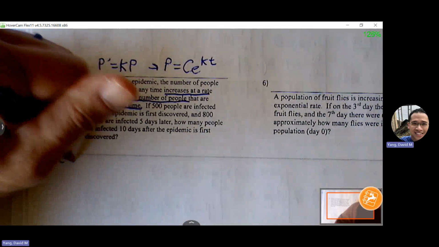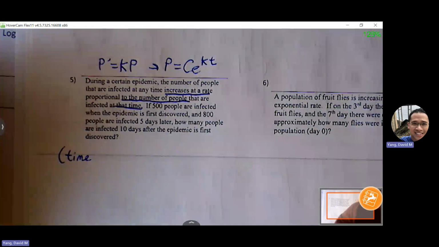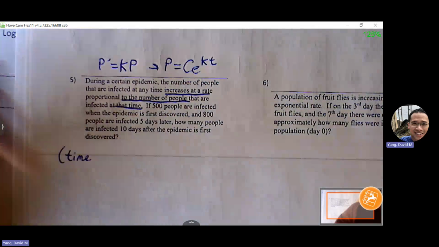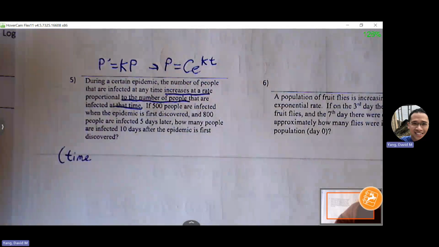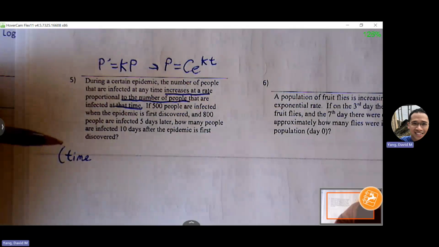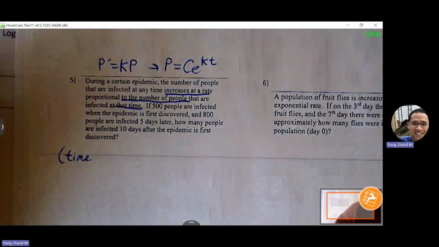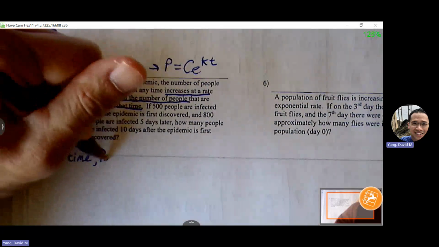So we're gathering a bunch of information here. Usually the process is solving for C, then solving for k, and then using that to find the number of people. So time, population.